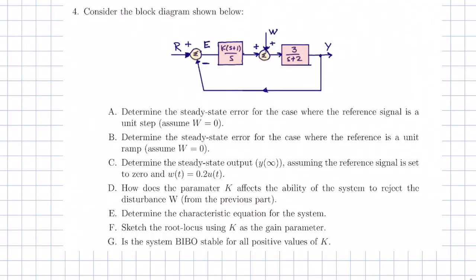All right, now we're looking at part C. And in part C, we're looking at the steady state output, assuming that the reference signal is set to 0, and now we have the influence of an external disturbance force. We're going to model that with 0.2 times u of t. Okay?